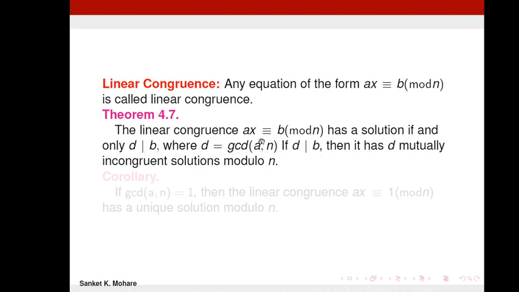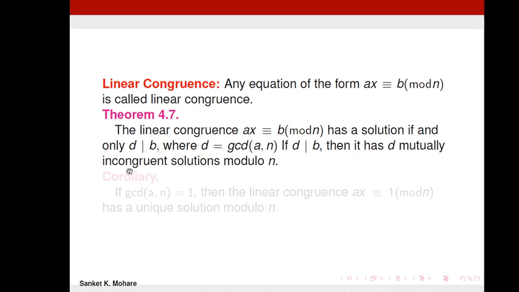So this congruence equation has exactly D mutually incongruent solutions only if GCD of A and n divides the integer B. So whenever D divides B, this linear congruence has D mutually incongruent solutions.